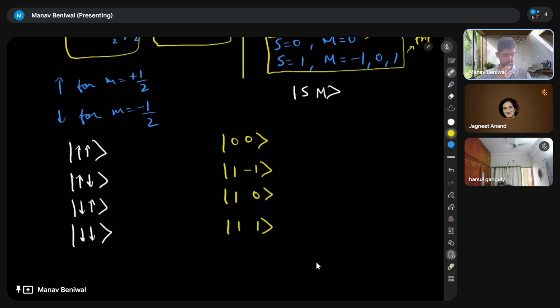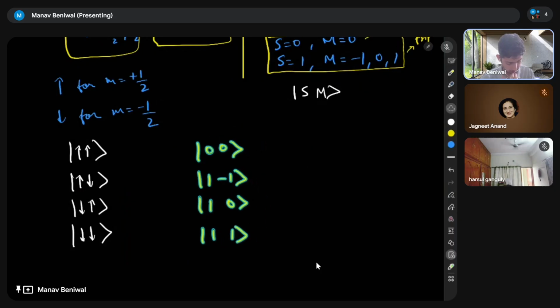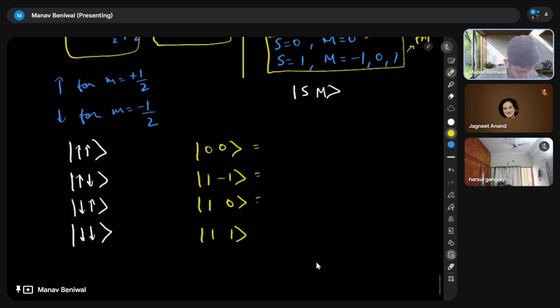Now because they are spanned by the same basis, mathematically it should be possible to write them in terms of these states.